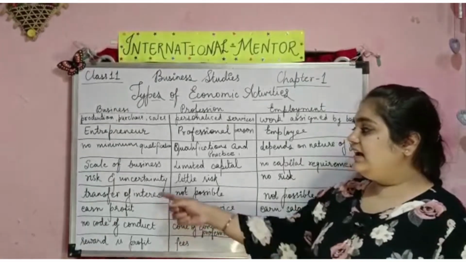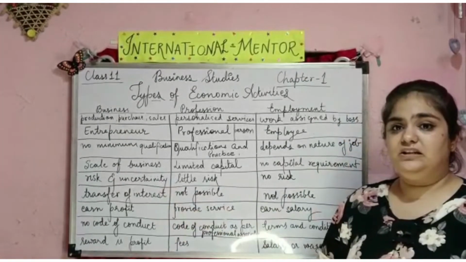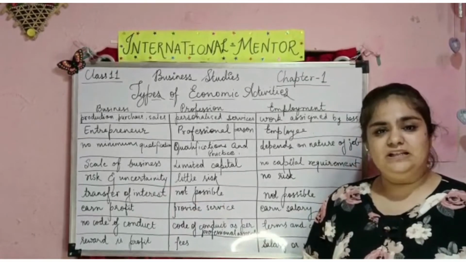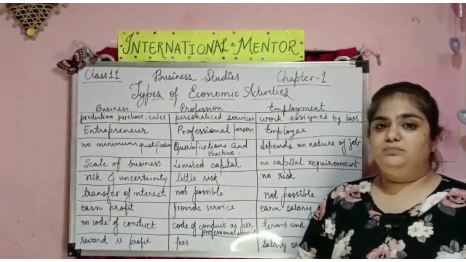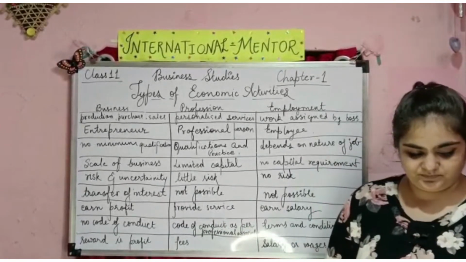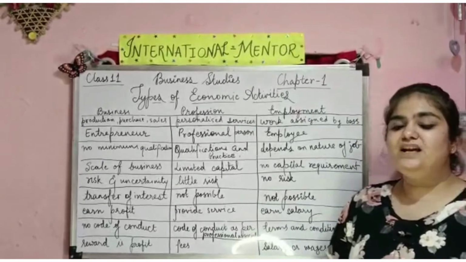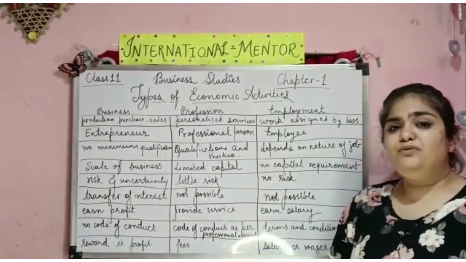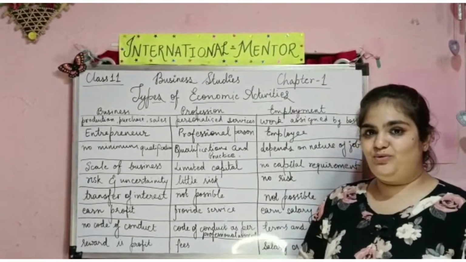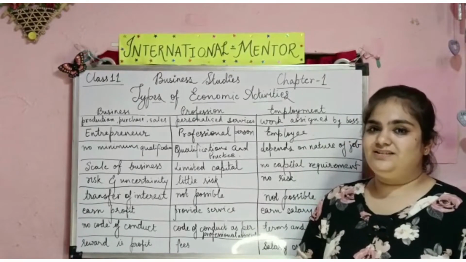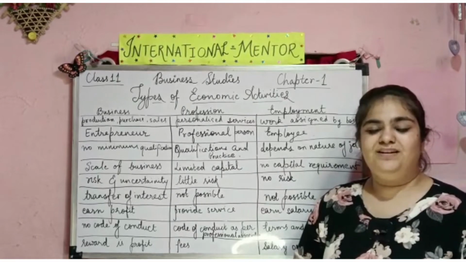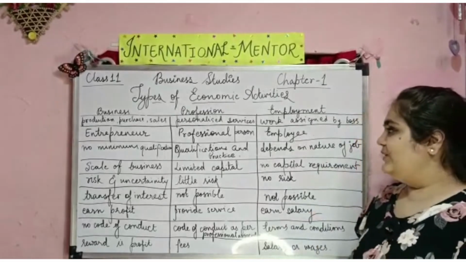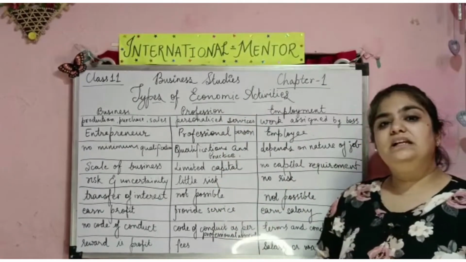In business, there is a lot of risk and uncertainty involved. If we need a reward that is profit, we need to take a risk. So, more risk, more profit, less risk, obviously less profit. In profession, there is a little risk.